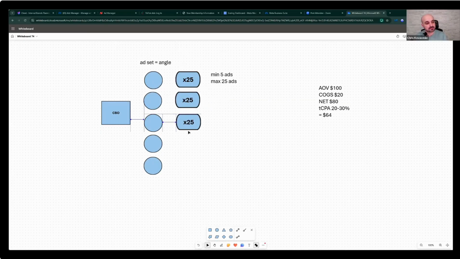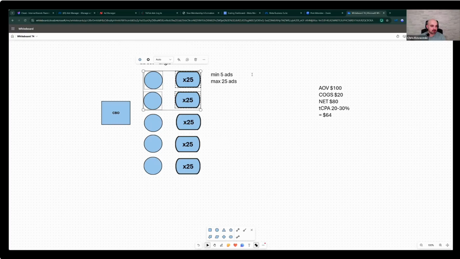All right. So usually what you'll find is one of these angles with particular set of ads will work better than the rest, and that's fine. Sometimes you might find 2, and you find that the spend gets allocated.